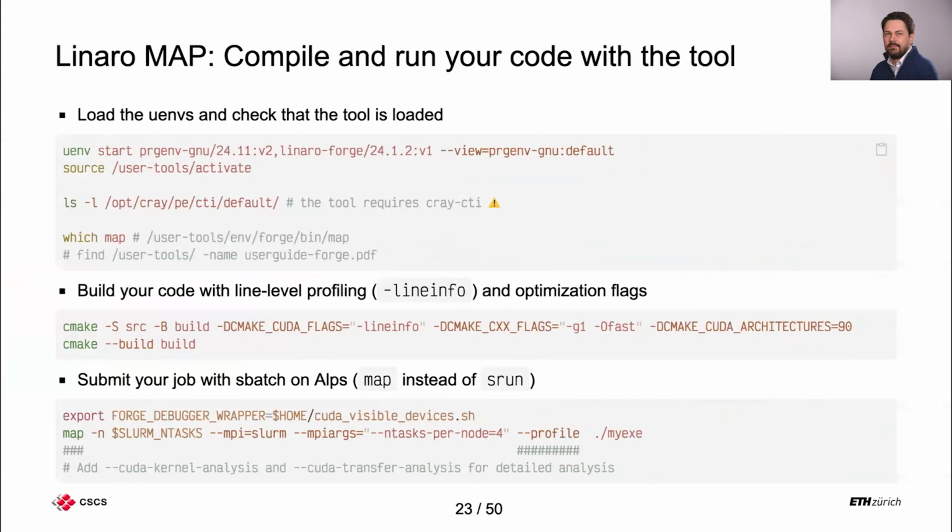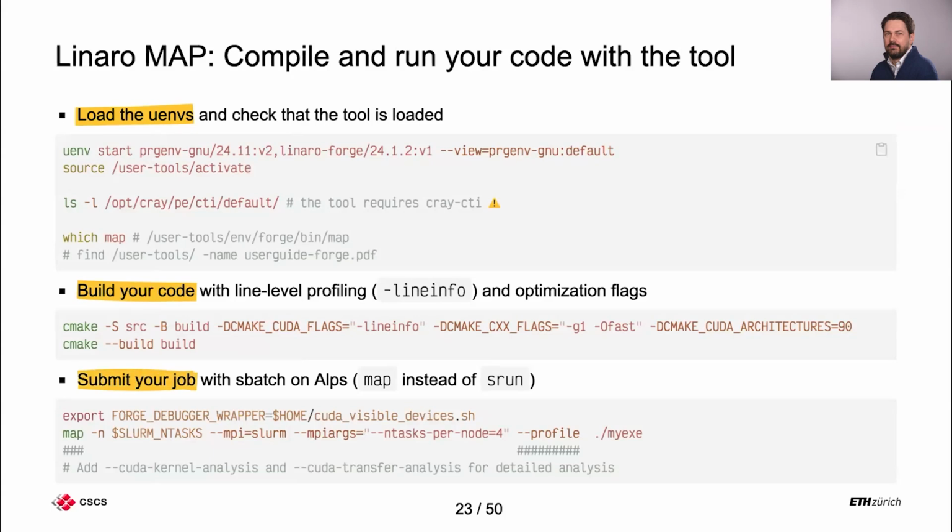Okay. So Linaro is also doing performance analysis tools. Same as before, you load the same user environment. In that case, you want to keep the optimization flag because you want to do performance analysis, and you want to add the line info CUDA flag to help the tool show performance data.